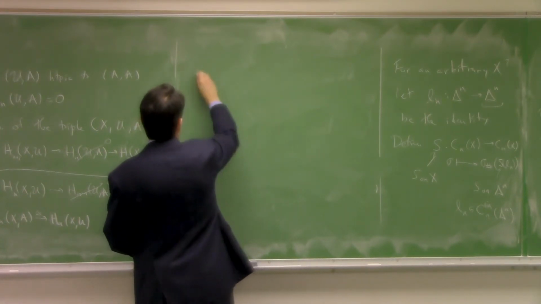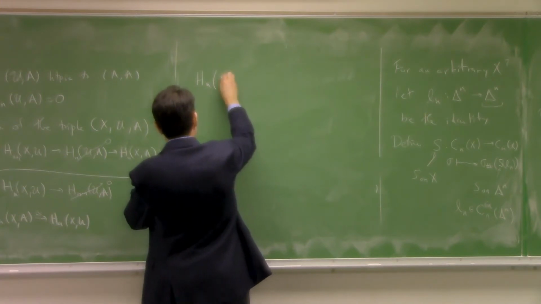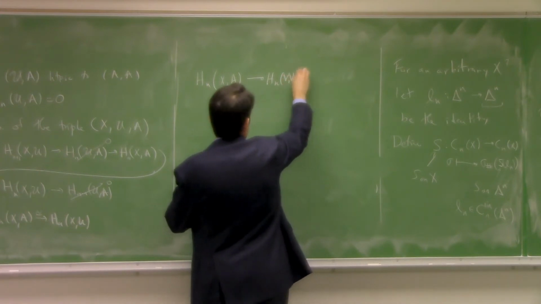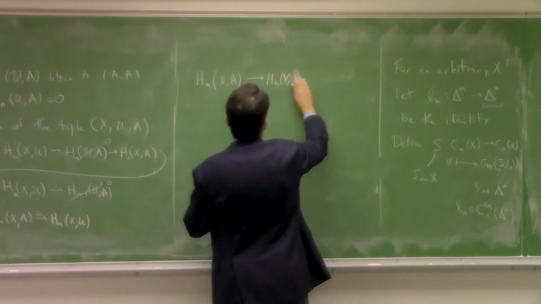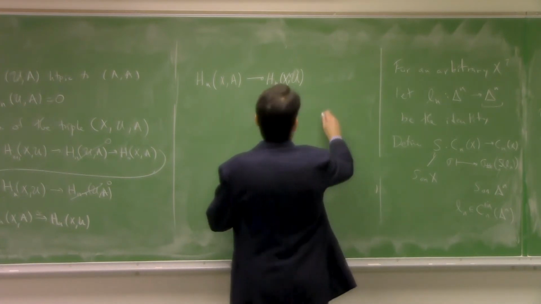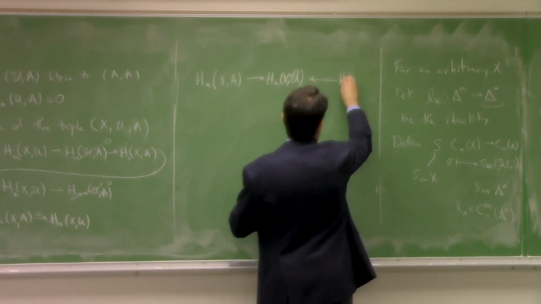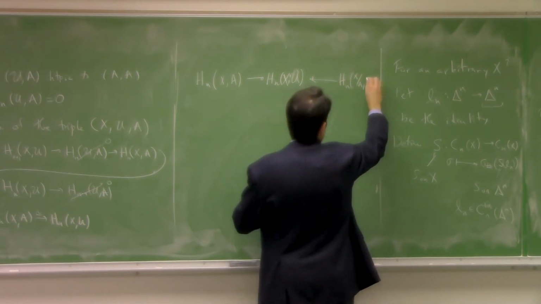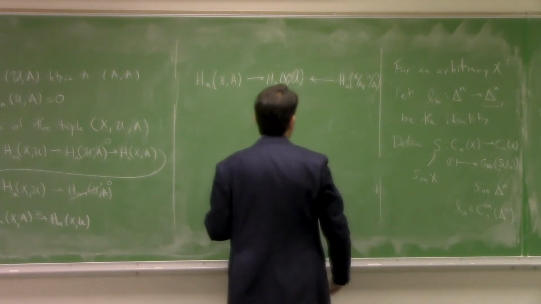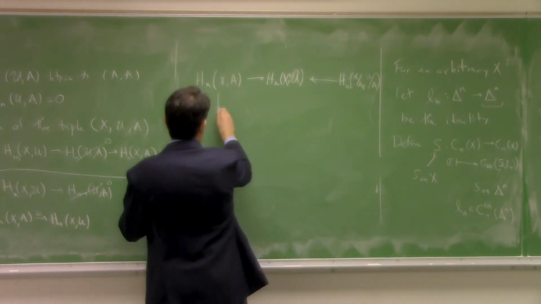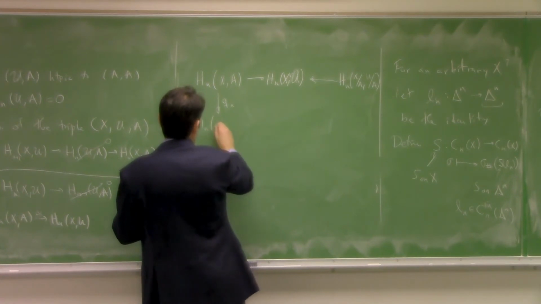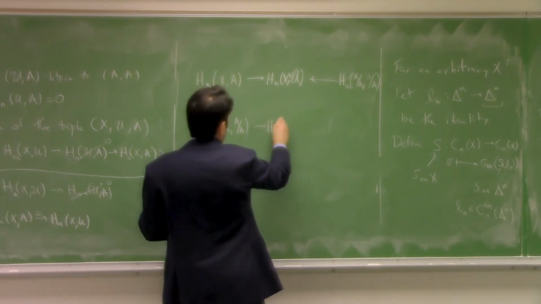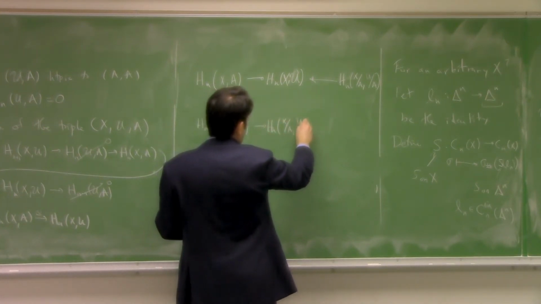So in this diagram, we have H_n of (X, A). That maps to H_n of (X, U). On the other hand, we can map there from H_n of (X minus A, U minus A). Or we can take the quotient, and then we would be in (X/A, U/A).